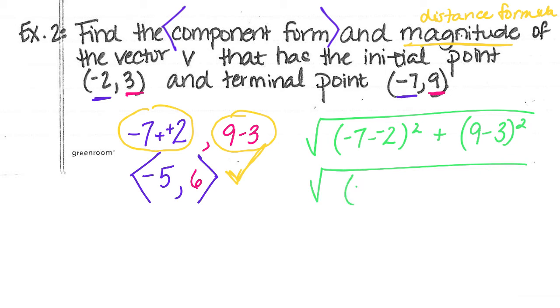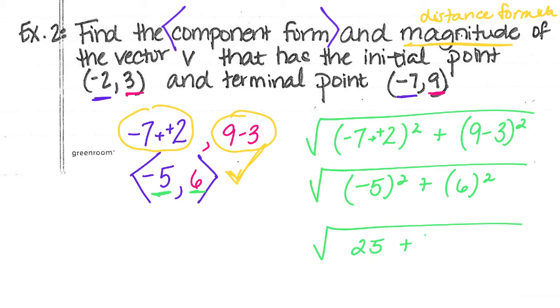But notice I get the exact same thing here, -5 squared and 6 squared. So really, I can just take these two numbers underneath the radical and square them, and I find out that the magnitude of this is the square root of 61. So they typically show magnitude like that, like I wrote it in those double bars, so just get used to seeing that.